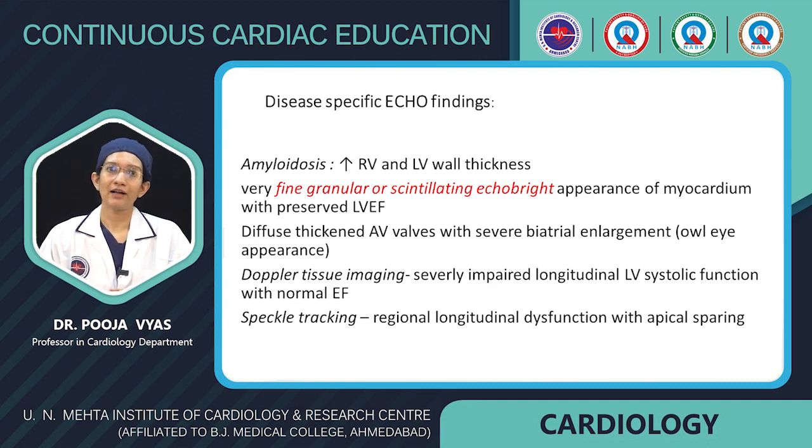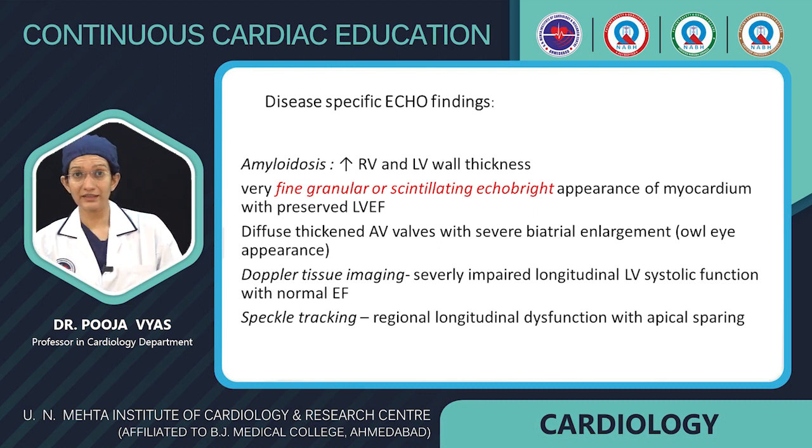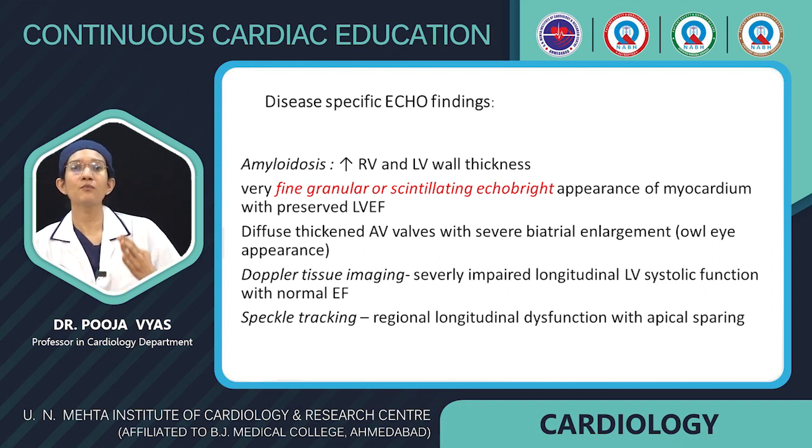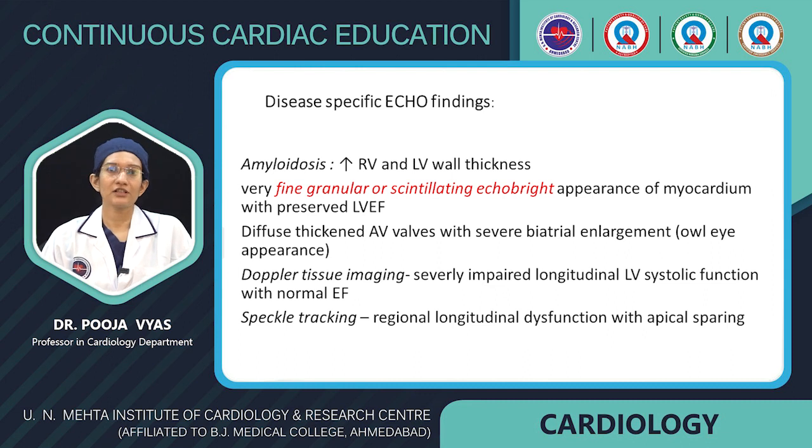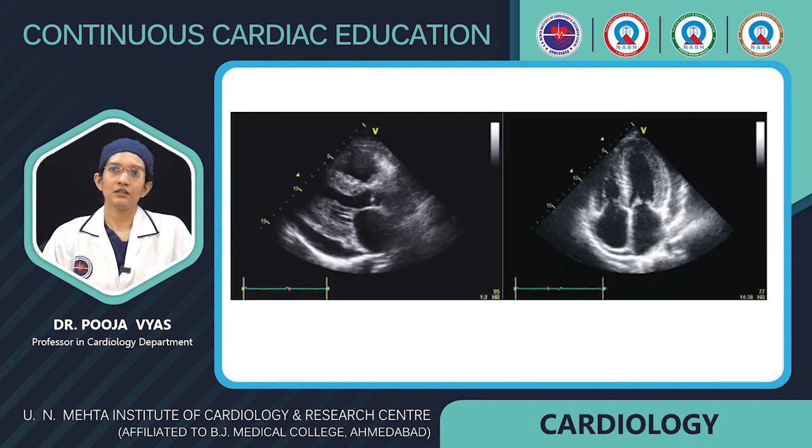There is a typical finding on speckle tracking, also called the bull's eye appearance: regional longitudinal dysfunction, greater in the base as compared to the apices. So there will be typical apical sparing of this longitudinal dysfunction, and it leads to the bullseye appearance.